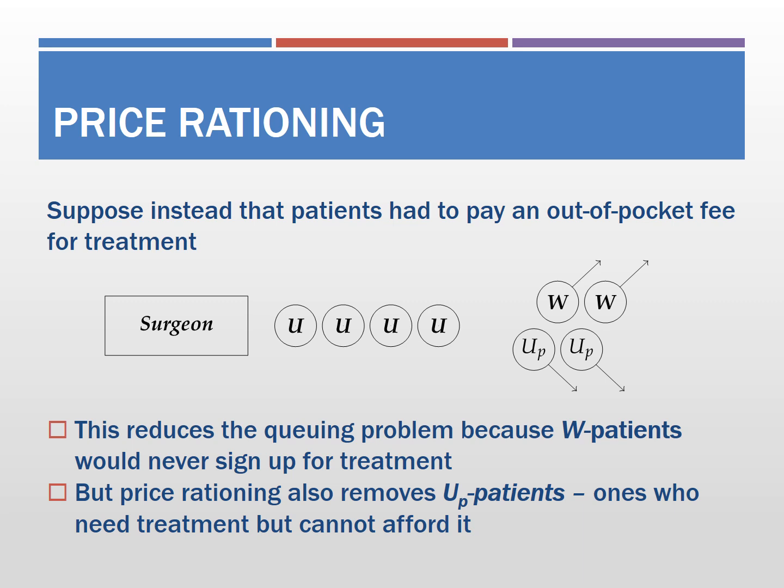And we assume that fee is high enough to drive the low benefit patients, the W patients, away. This reduces the queuing problem because the W patients will never sign up for the treatment since it's not free anymore.